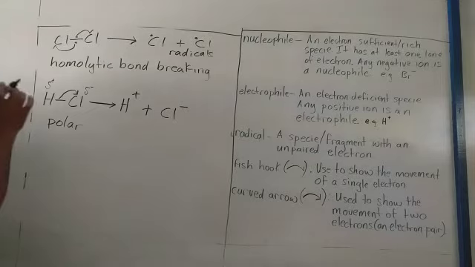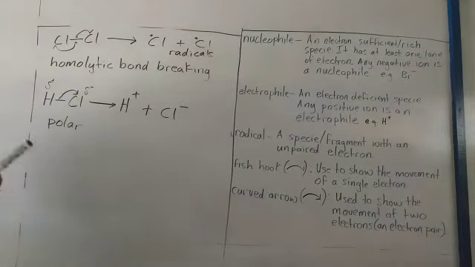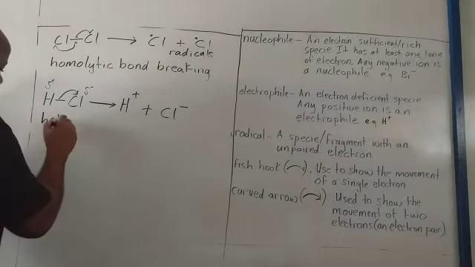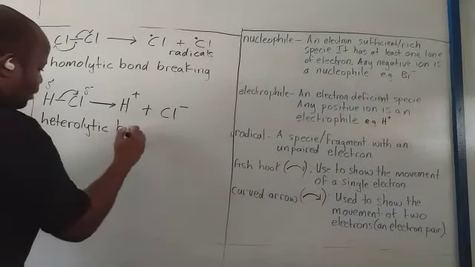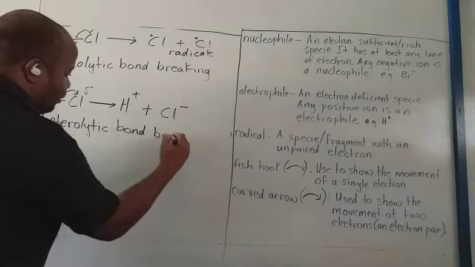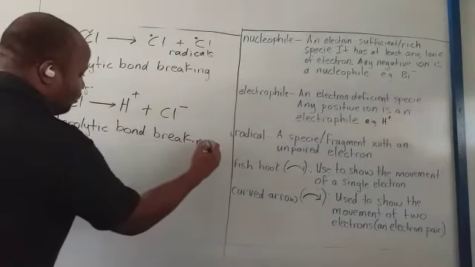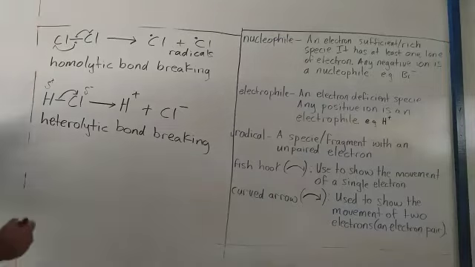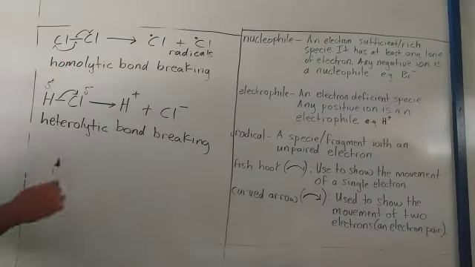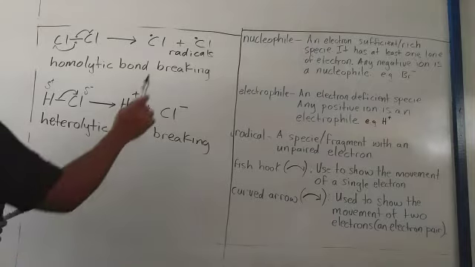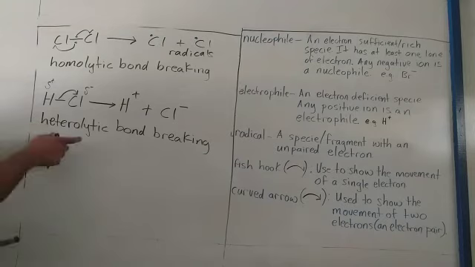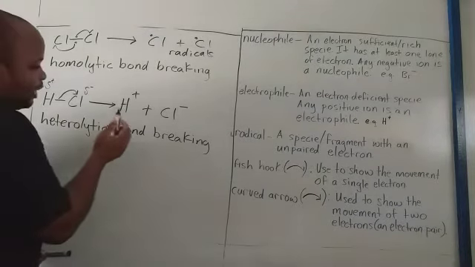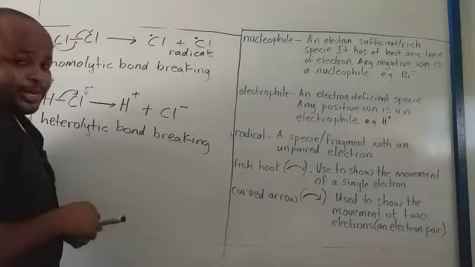So when a bond breaks heterolytically, this is heterolytic bond breaking. When a bond breaks homolytically, you will get radicals. However, when it breaks heterolytically, you get a species with a positive charge and one with a negative charge.